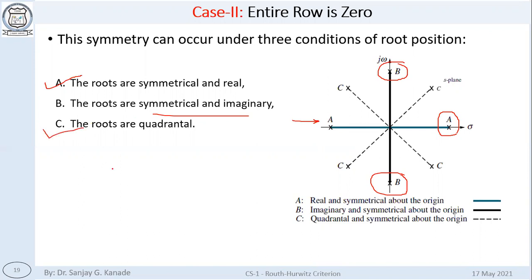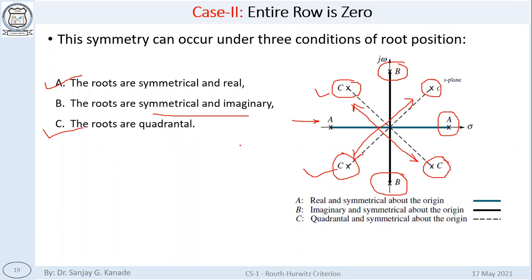The third case is possible that roots are quadrantal. What does it mean? C. Look at these C's. For this root, there has to be a root here because of the complex conjugate property. And since we are talking about mirror image, this has to have a symmetrical root here. There has to be a root pair like this, symmetric root pair.